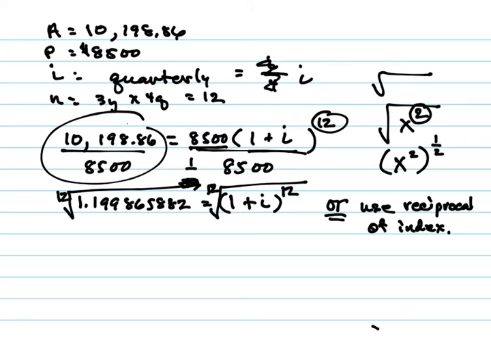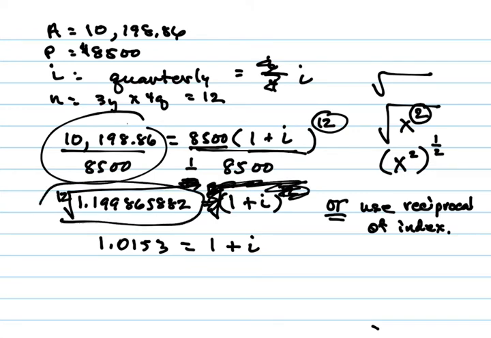So if you remember that, you could also just multiply the exponent by its reciprocal, which just means put 1 over it. All right? So when you do that, you get 1.0153 equals 1 plus I. Because over here, these two things are opposite, so they just eliminate each other. Over here, you're just taking the 12th root of that number, and that's what you get.